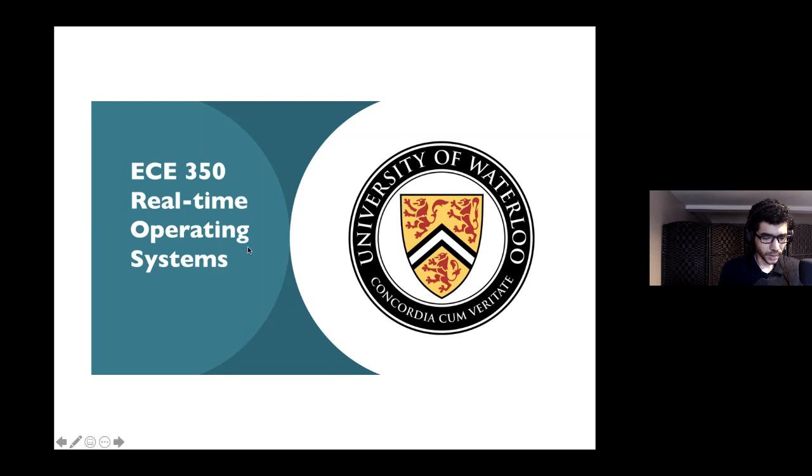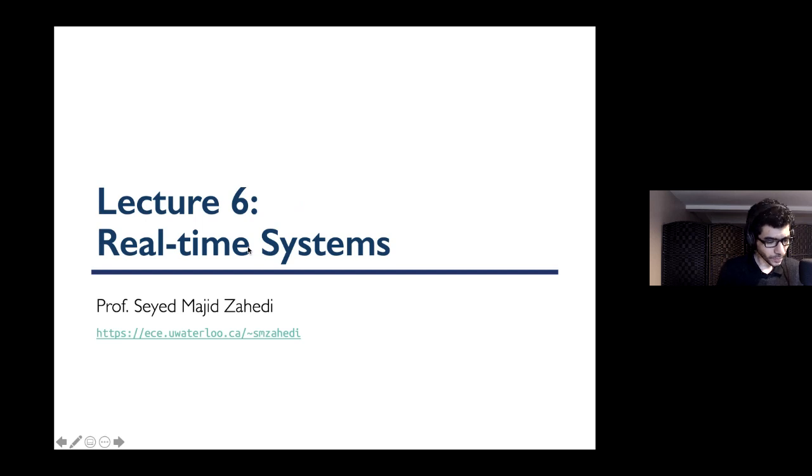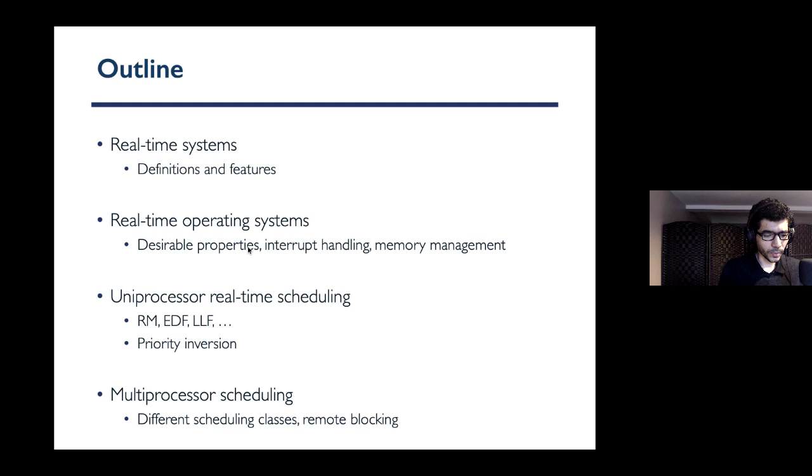Let me get started. So today we're going to talk about real-time systems. So we'll start with some definitions, and then we describe what are the desirable properties that a real-time operating system has to have, and then we compare what we have in general purpose operating systems and what we want in a real-time operating systems.